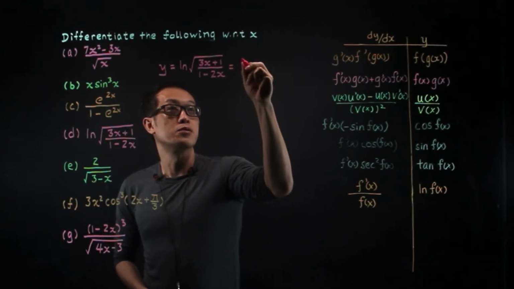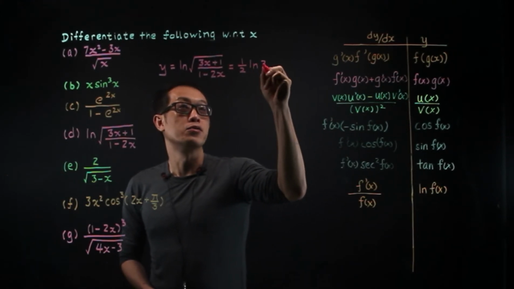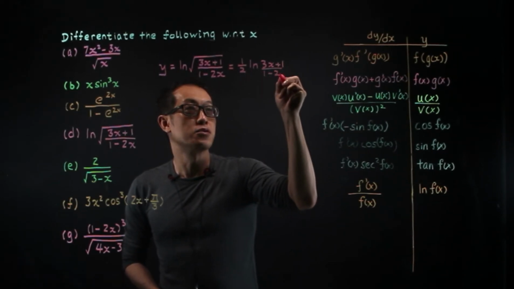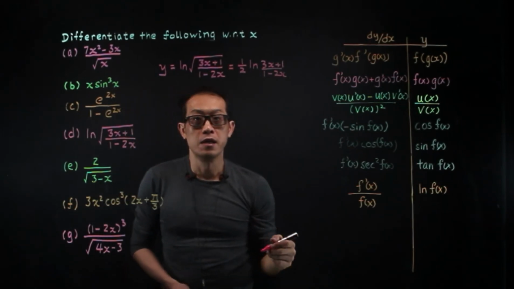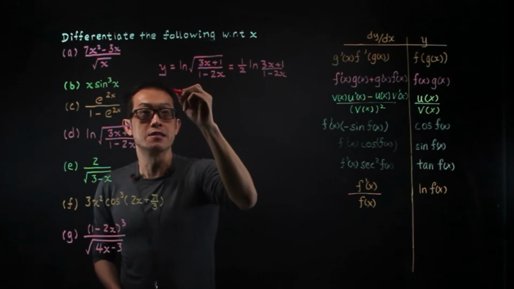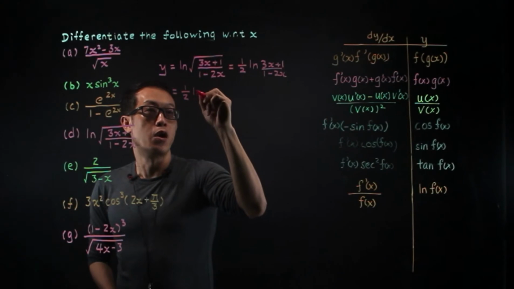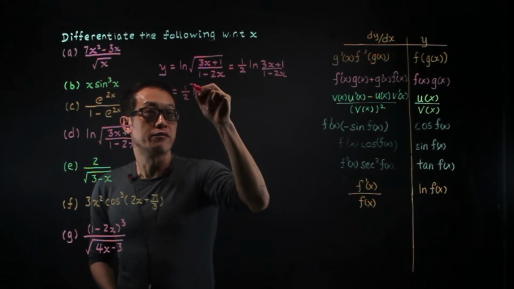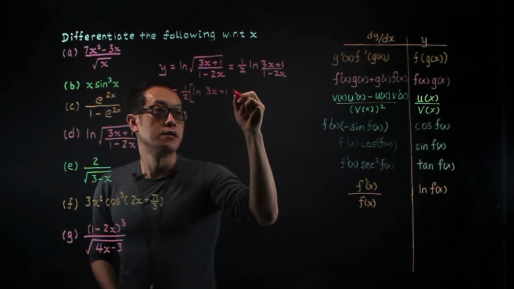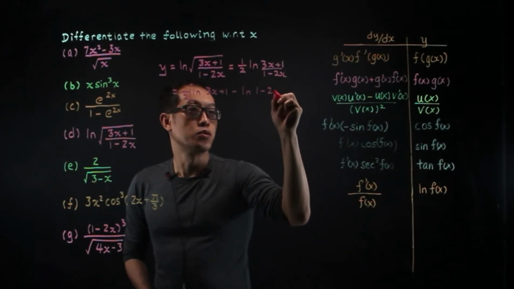Alright, so it is equals to half ln of 3x plus 1 over 1 minus 2x. Now, when it is a division, it becomes a minus. So this becomes 1 over 2 ln, you have a bracket here, 3x plus 1 minus ln 1 minus 2x.